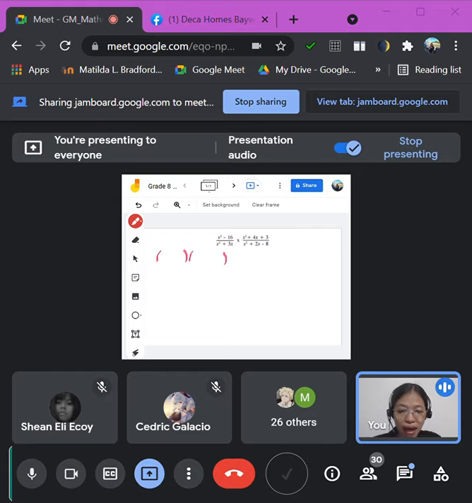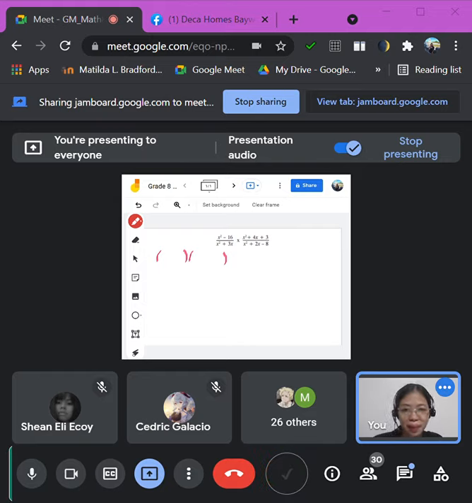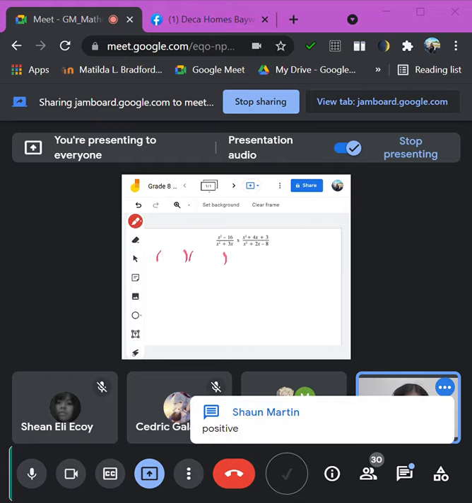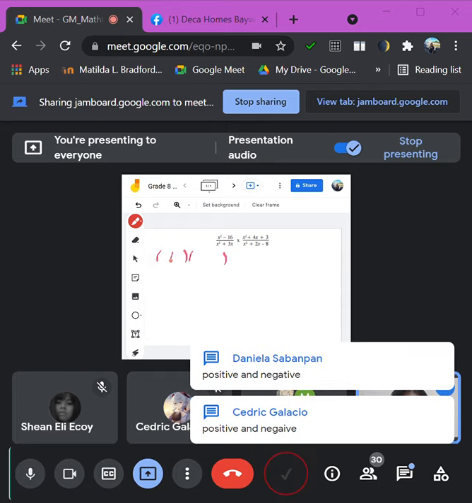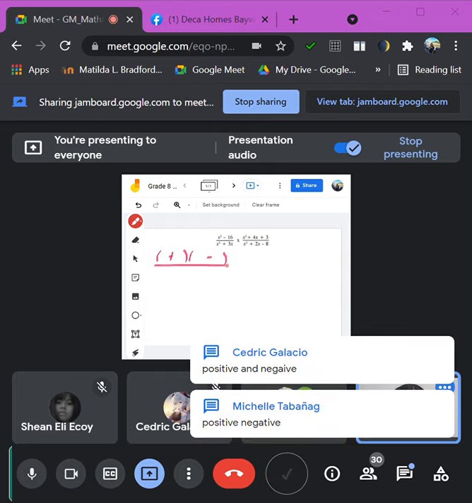And then, ang iyahang factors kay unsa? Positive ang duha or positive negative? Basta difference of two squares. Okay, very good. Positive and negative. Don't forget that one, class.